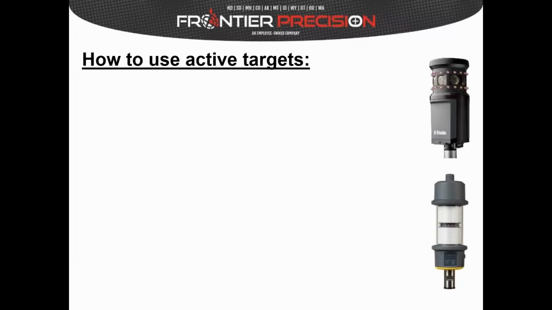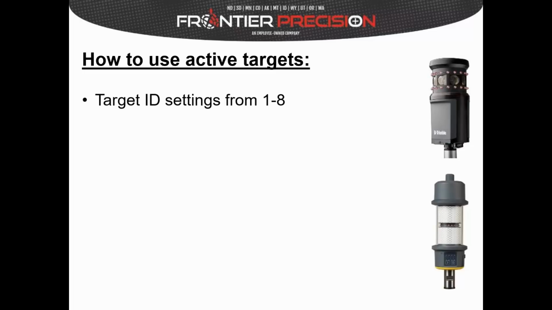All right, so going back to active targets, I just want to break down how to properly use these targets, as there are some questions that pop up from time to time. So most of our robotic users are using some sort of active target. So first, both the MT1000 and the AT360 have target ID settings from 1 to 8, which I said earlier.